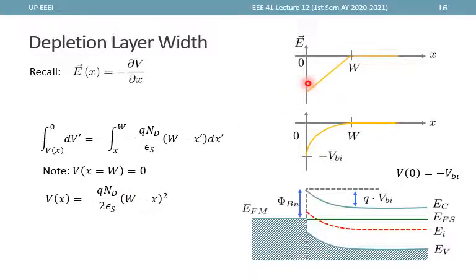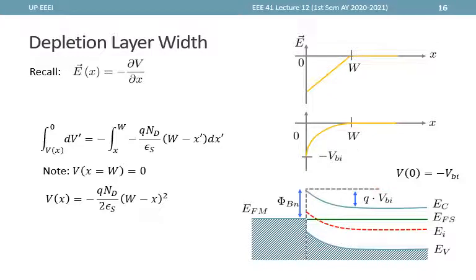Now, another limit that we can apply to this one is that at x equal to 0, the voltage must be equal to V_BI, since the bending right here must be equal to V_BI. Again, V_BI is defined when the material is in thermal equilibrium. So if we flip this plot here, we should be able to get this one, and the difference must be V_BI. So if this one is 0, this must be minus V_BI.